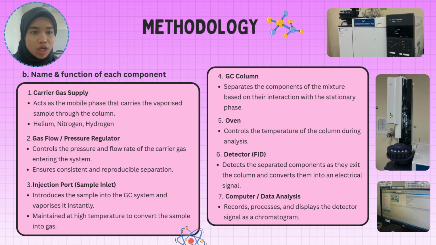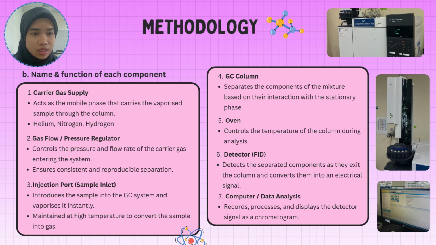Fourth, the GC column is the primary site of separation. It contains a stationary phase that interacts differently with each component of the mixture, causing them to elute at different times. Then, the oven provides controlled thermal conditions for the column. Temperature programming is often applied to optimize separation efficiency and reduce analysis time.